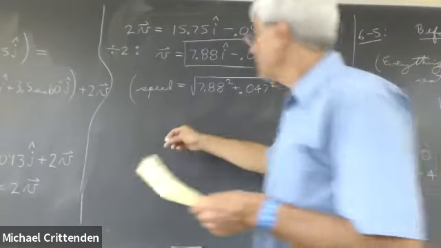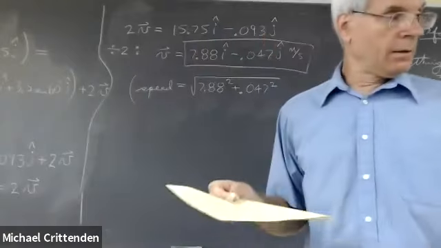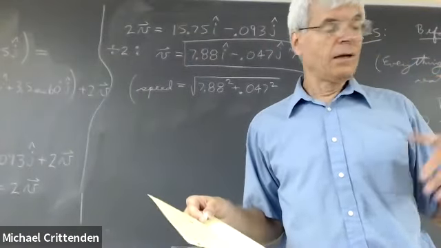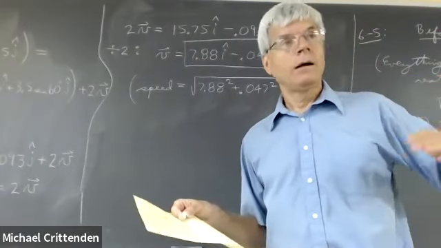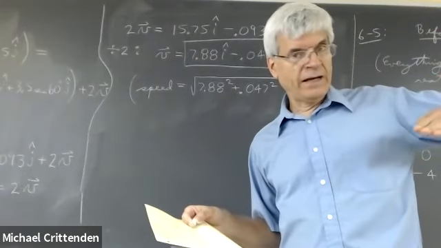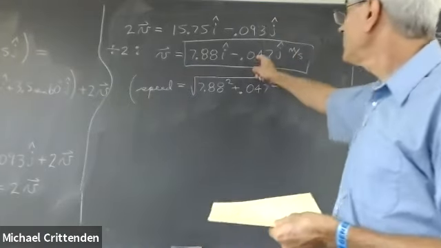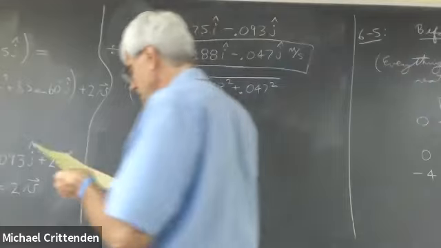And for the direction, the picture that came with the question is apparently slightly misleading. The direction is actually just slightly below the horizontal axis because you've got a negative y component.